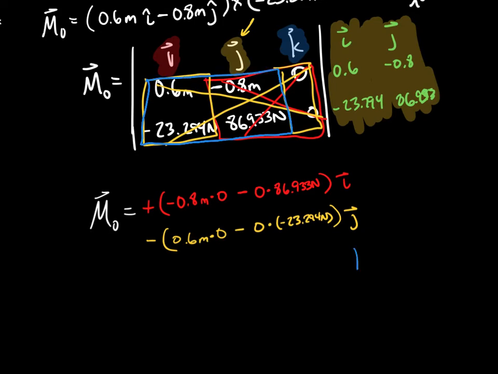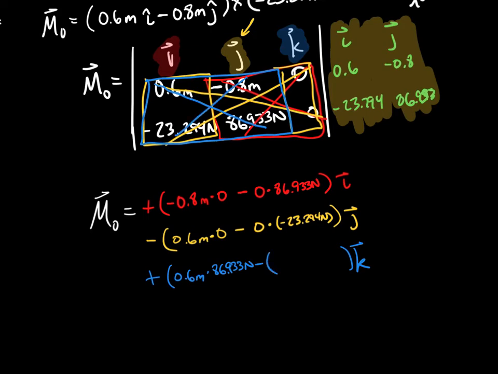Okay, so I'm going to end up with a K right here. I'm going to get a plus right here. And that K vector looks like it's going to be the interesting one. So if I go down here, I've got 0.6 meters times 86.933 newtons, minus, and I'm going to go back this way.